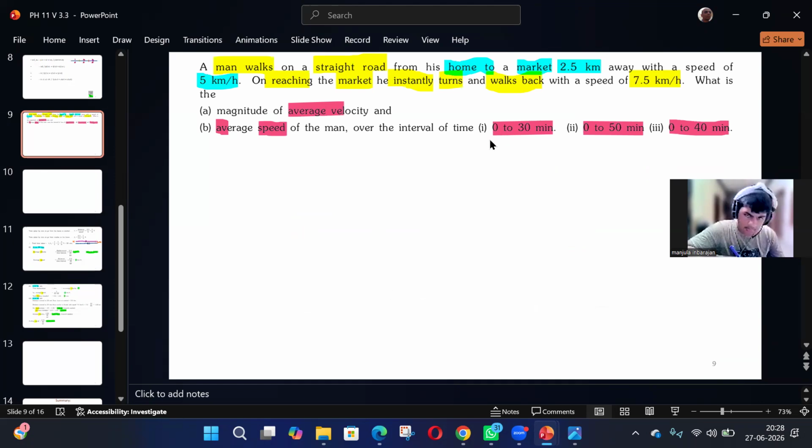He has given the time interval. No, three parts are there. A and B are fine. You read the full question. For 0 to 30 minutes, what is the average velocity? Again, for 0 to 50 minutes, you find the average velocity. Again, for 0 to 40 minutes, you find the average velocity. You have to answer for 1, 2, and 3.